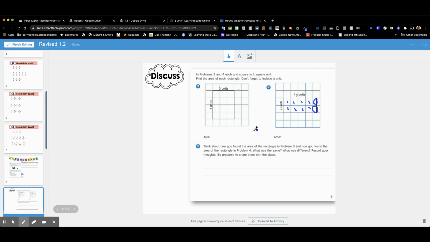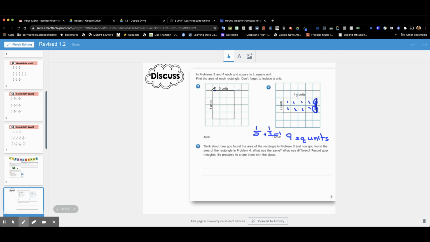I know that 2 halves equals 1. So I can count this as 1 right here. So I've got 1, 2, 3, 4, 5, 6, 7, 8, 9. The area of this one is 9 square units. And SQ with a period is an abbreviation for square. So this one's got 9 square units.